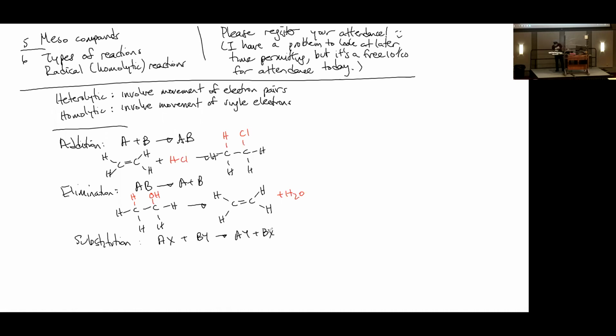What might that look like in an organic sense? Well, what if we took something like an ester and you hydrolyzed the ester? We'll learn about this reaction in organic too, actually.